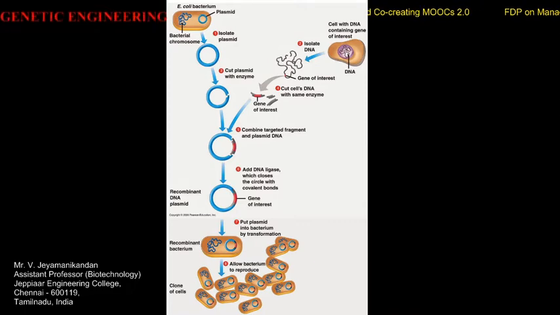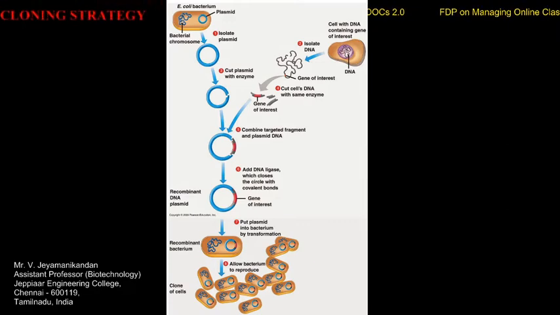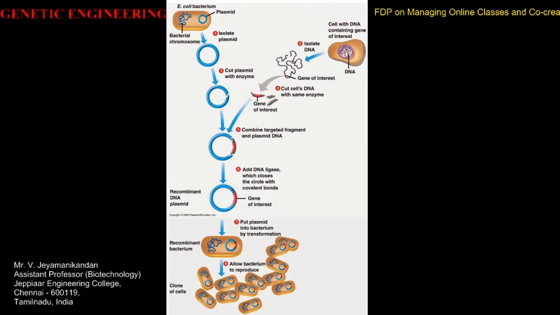With the help of any one of these ligase enzymes, you have to ligate your restricted plasmid DNA with the average size gene of your interest. Now the recombinant DNA molecule is ready.